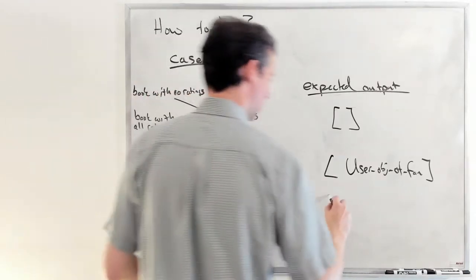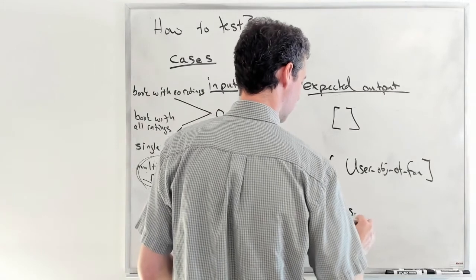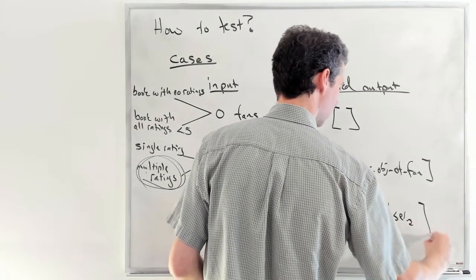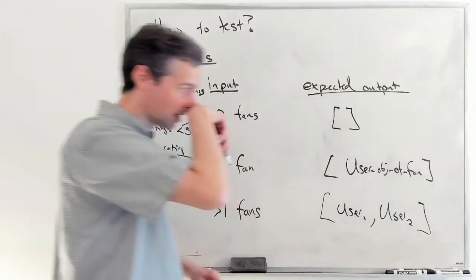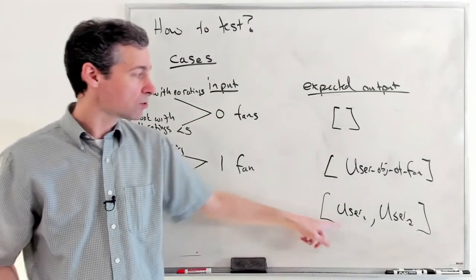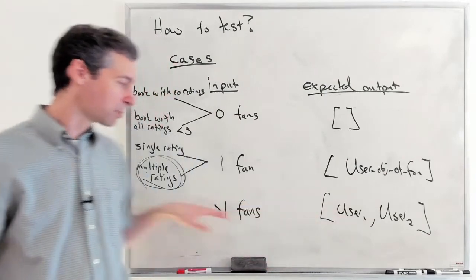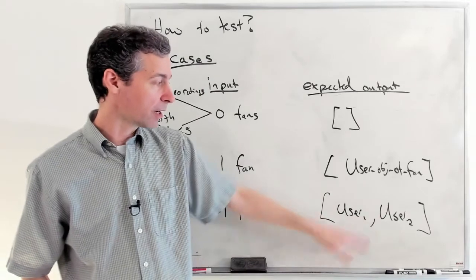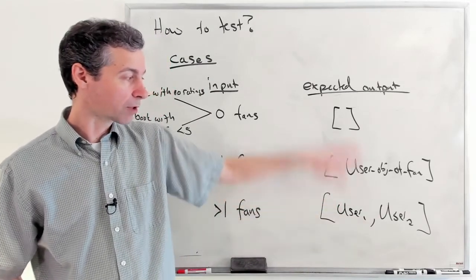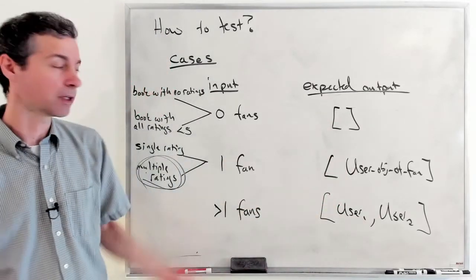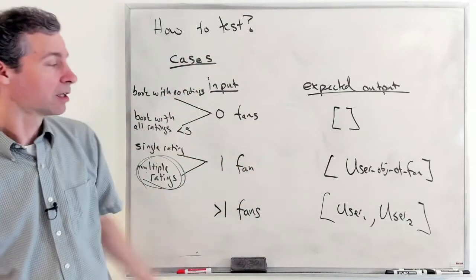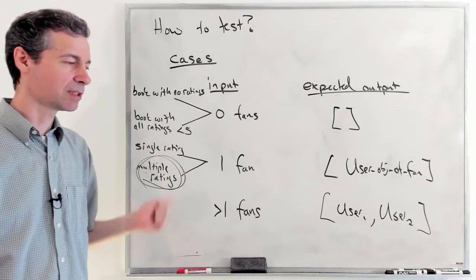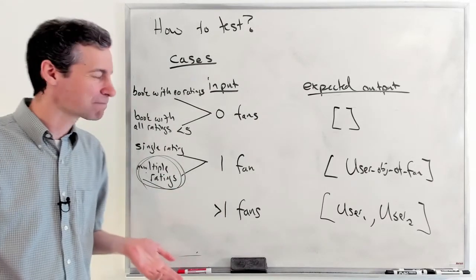And so again, here I'm going to have user 1, user 2, etc., whatever. I'm going to have an array that has more than one of those. And I'll need to go and check that based upon my input data these are the correct users and they're both in that array or that collection, if I had relations or whatever, that they're both there. And so, yeah, it might be more work to check out and test fans than it was to write it, okay?